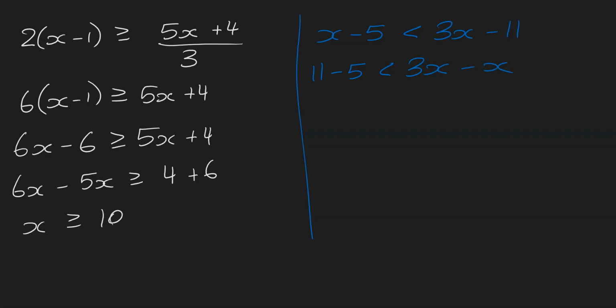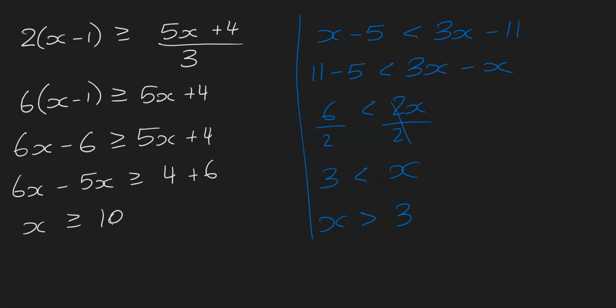Cool, 11 minus 5 is just 6. It's less than 2x. So 3x minus x is 2x. Now we divide by 2 on this side and divide by 2 on this side, so you get 3 is less than x, and you can rewrite it and flip it over and write it as x is greater than 3. Just looking at where the open side and the closed side is.